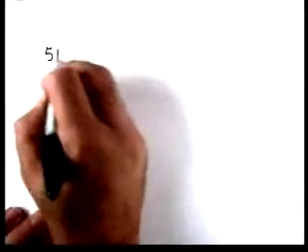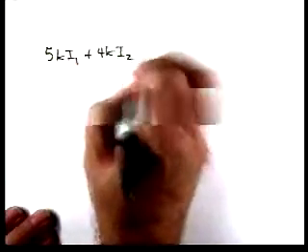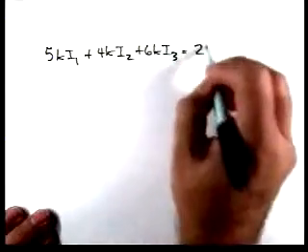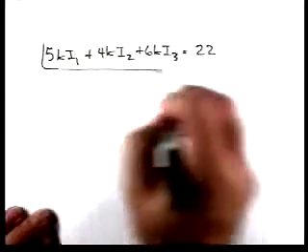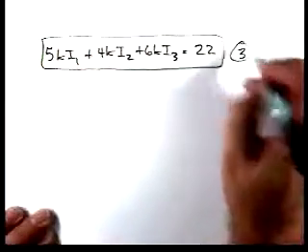And if we collect up terms, then that equation becomes 5K I1 plus 4K I2 plus 6K I3 equal to 22. There's our third equation.